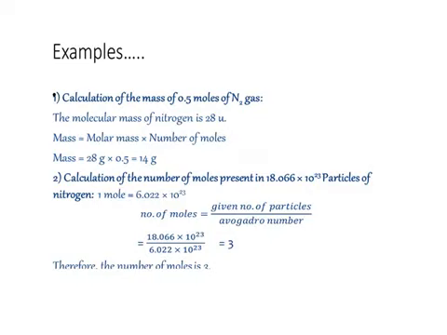So how much is the given number of particles here? 18.066 into 10 to the power 23, and Avogadro's number, you have to learn by heart, 6.022 into 10 to the power 23. Divide it, so you will get 3. Therefore the number of moles is 3.